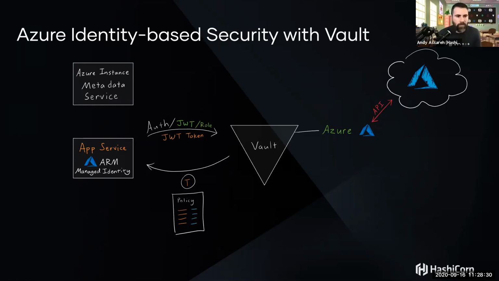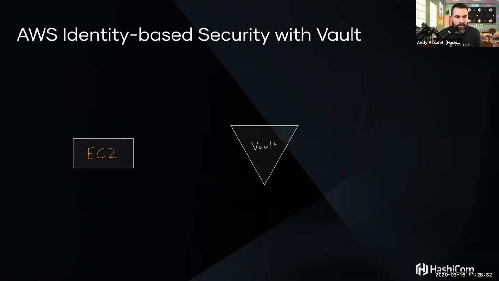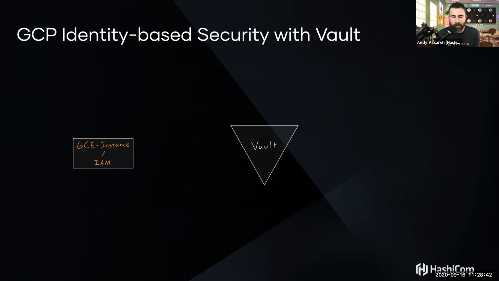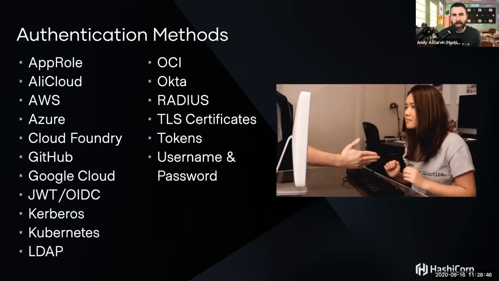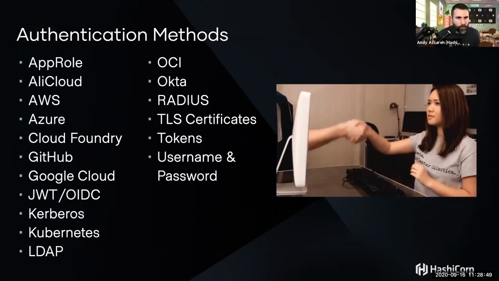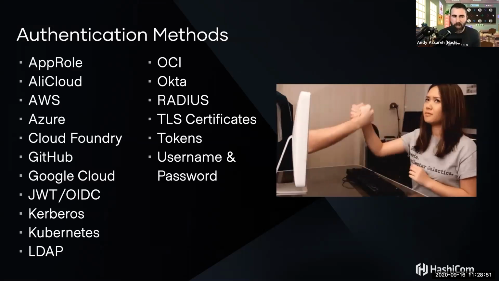Similarly, we have similar methods for other platforms. I mentioned Kubernetes. We have that. For the other public cloud environments, we have a similar method for AWS, a similar method for GCP. So you can use the same pattern in those other cloud environments. And just to round it out, there are a wide variety of authentication methods available with Vault.